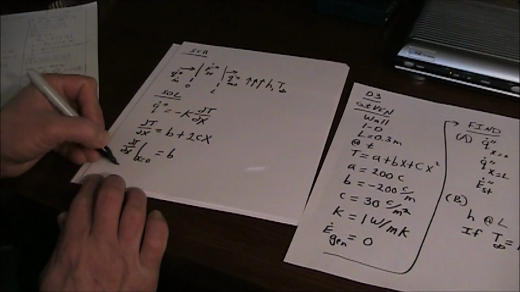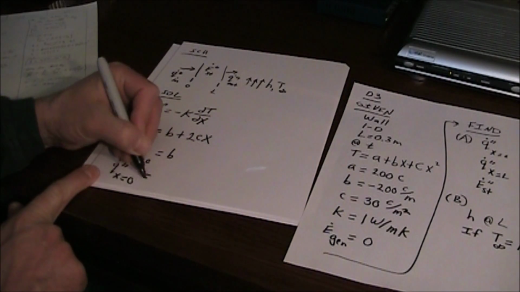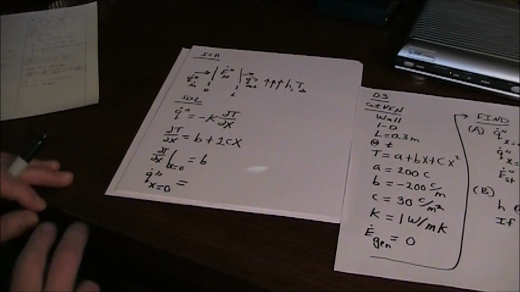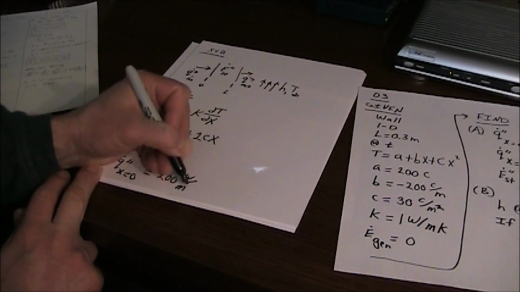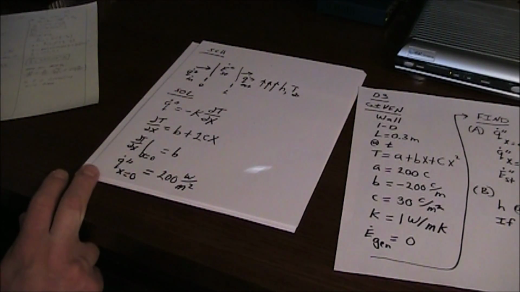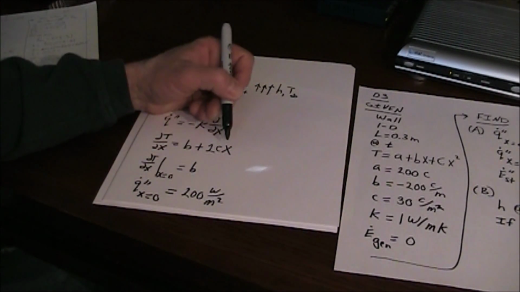If you crunch those numbers out, you would see Q dot double prime at x equals 0 is equal to 200 watts per meter squared.